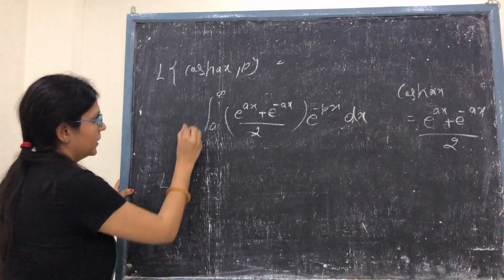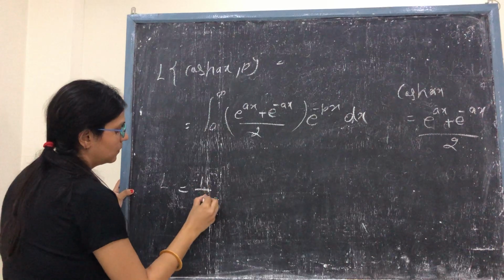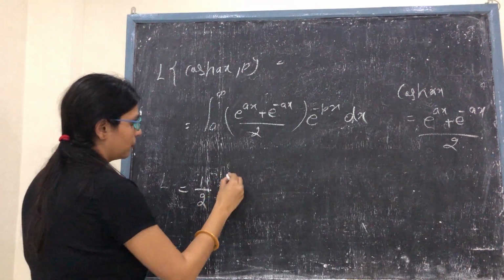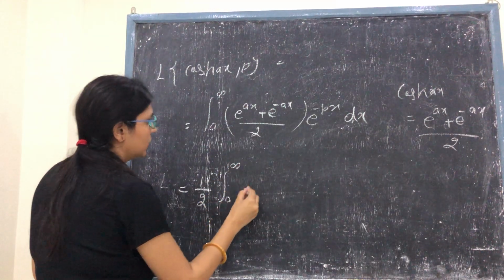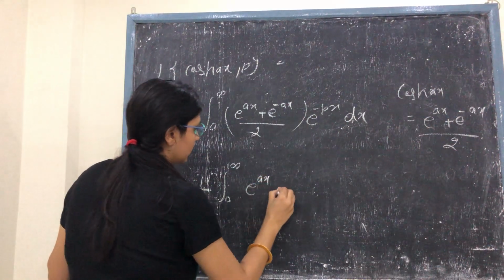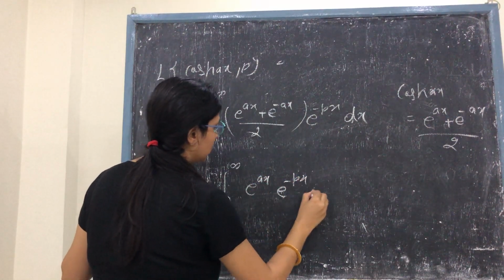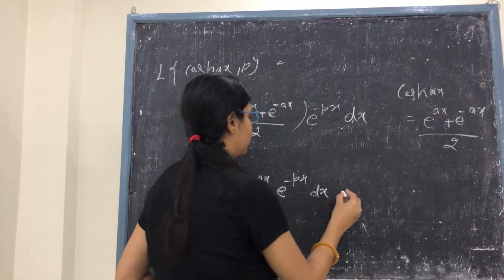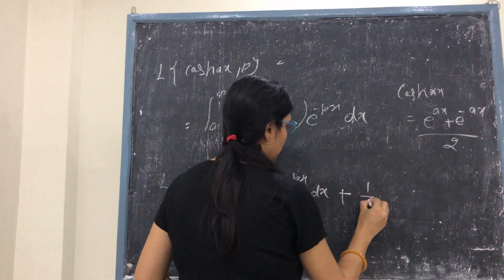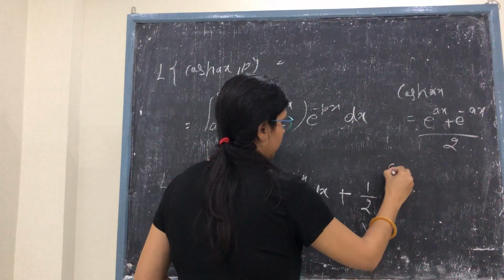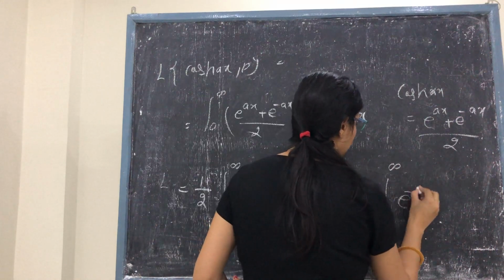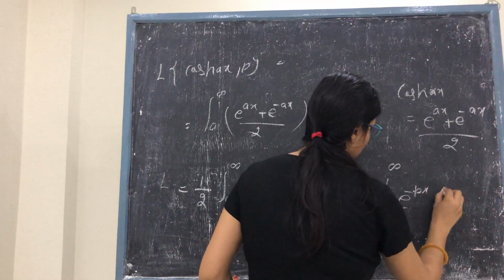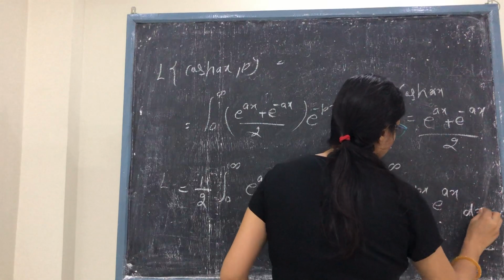Now using the linearity property, it can be written as 1 upon 2 integral from 0 to infinity of e raised to the power ax e raised to the power minus px dx plus 1 upon 2 integral from 0 to infinity of e raised to the power minus ax e raised to the power minus px dx.